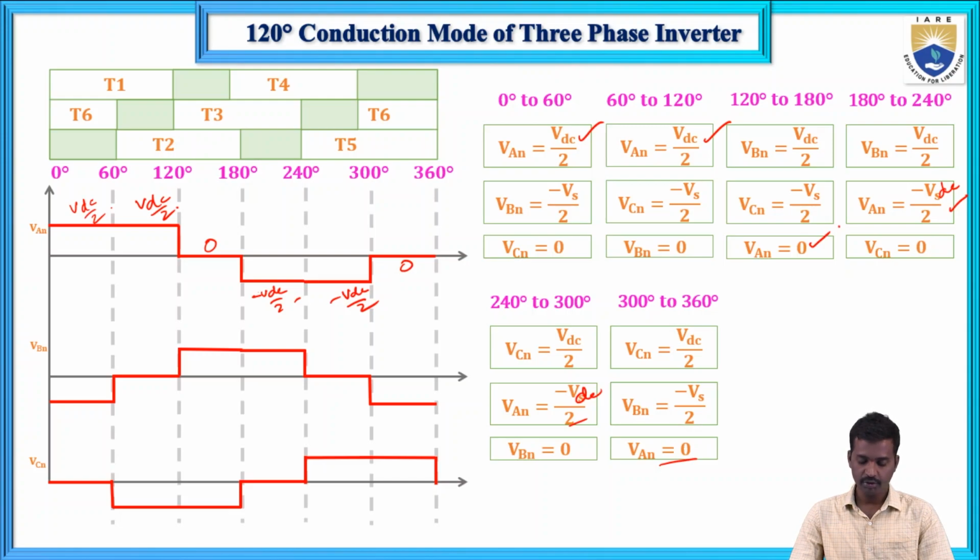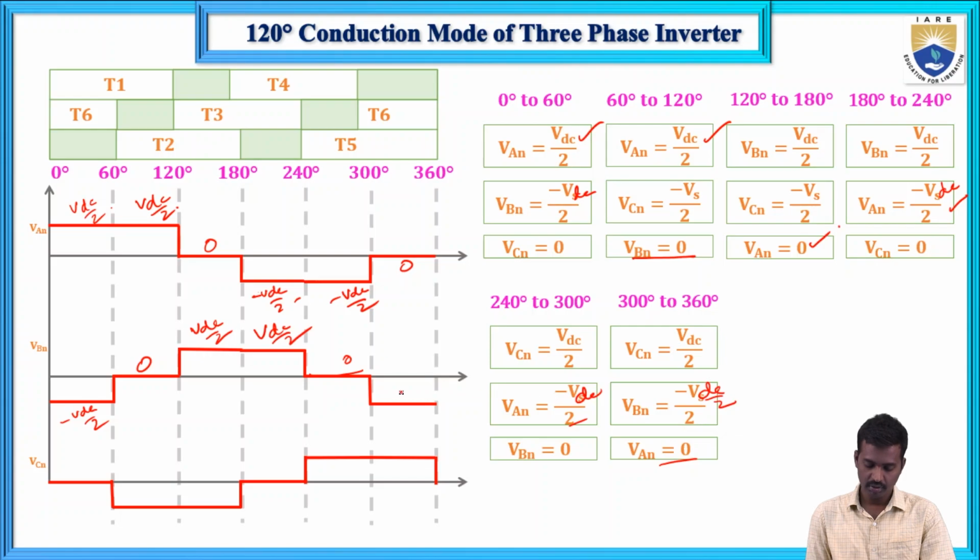And next VBN. This is minus VDC by 2, and next VBN is 0, and next here this is VDC by 2, this one is also VDC by 2, and next here this is 0, and next here this is minus VDC by 2.